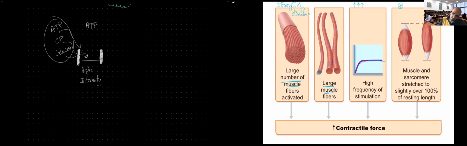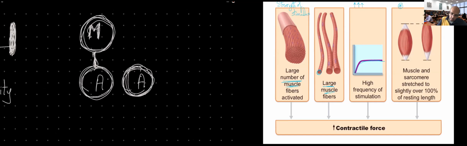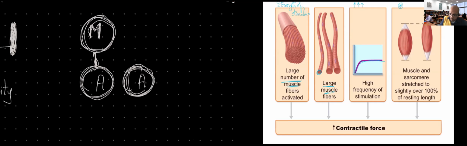Why? If this is the myosin on here, and this is the actin, if this myosin is in front of the second actin of the thin filament, let's say, I can move just one step.